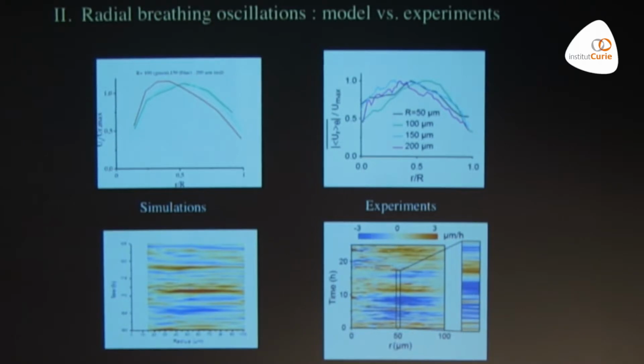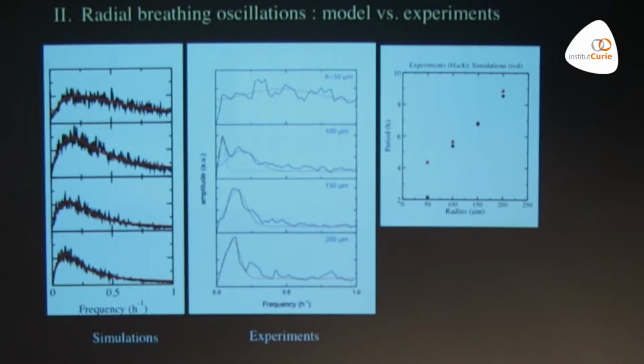And they look even more similar if you go to the power spectrum of this mean velocity in the radial direction. You see that they are not very sharp; these are broad oscillations, if you want. There is a peak, a preferred frequency, in the experiment and in the model. And if you plot them on top of each other, you have no adjustable parameter, and you just see that it looks quite good.